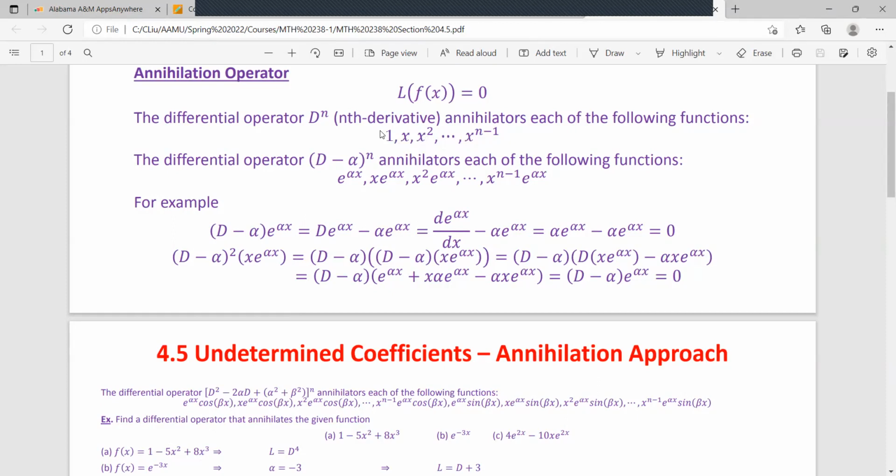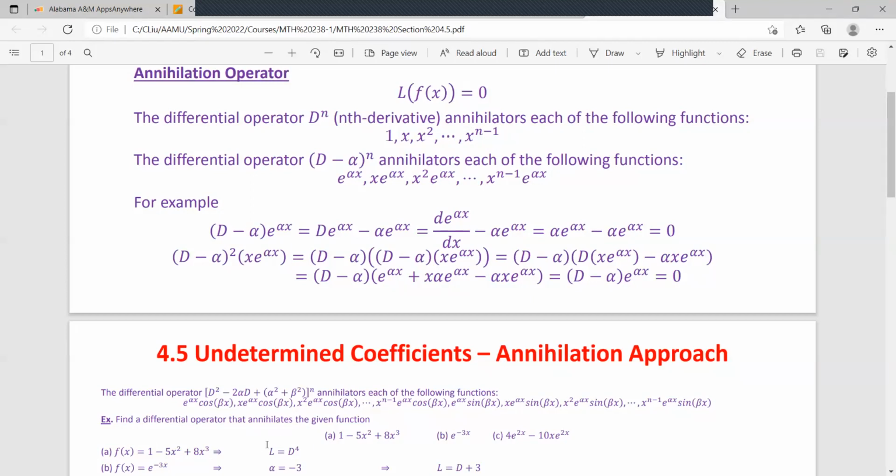So if you let n equal 4, then d to the 4 will annihilate all the power functions 1, x, x squared, x cubed, as long as the power is less than 4. So we can use the operator d to the fourth to annihilate all the terms of this function.